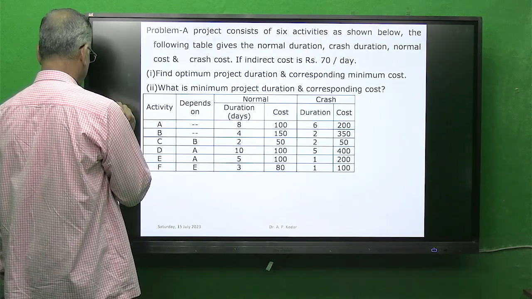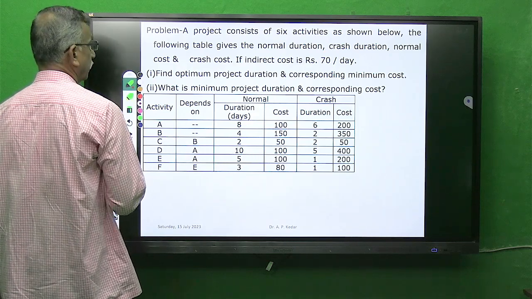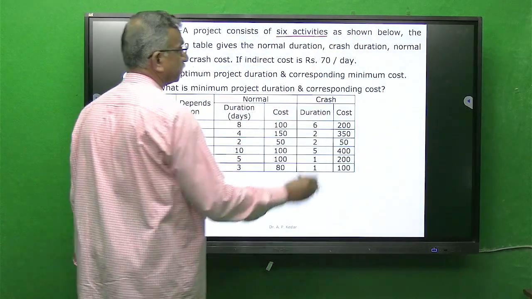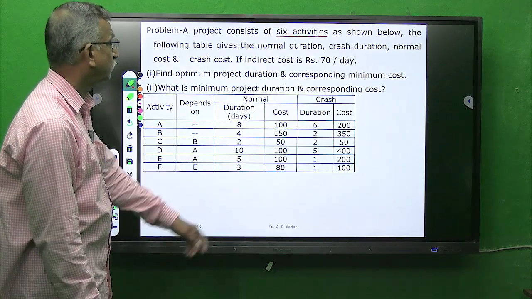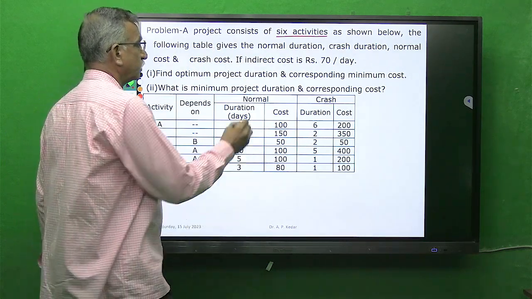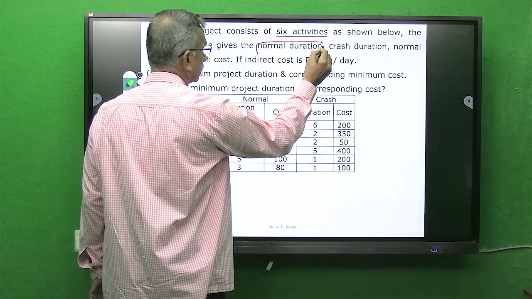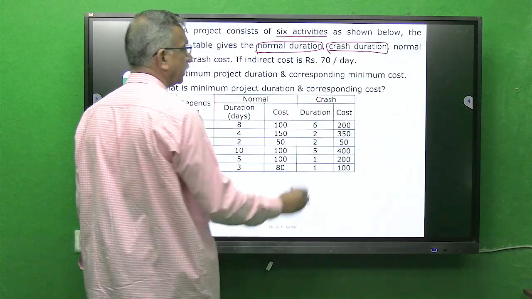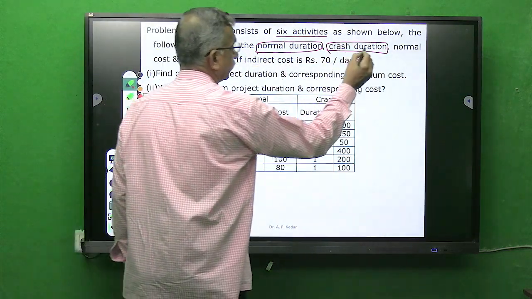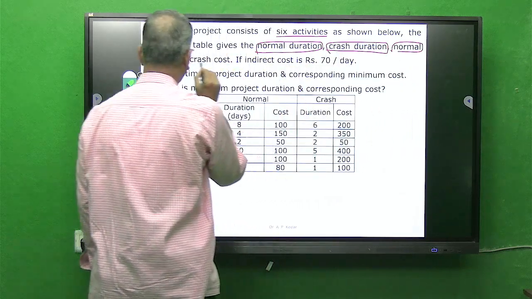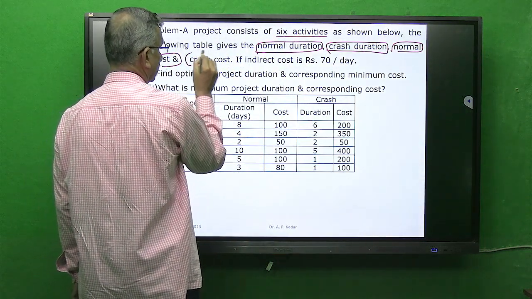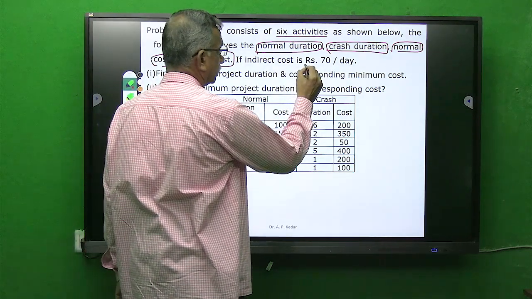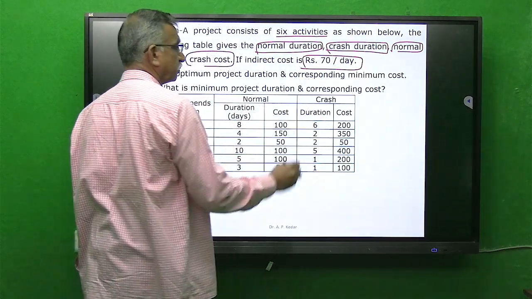A project consists of 6 activities as shown below. The following table gives normal duration, one data, crash duration, other data, and normal cost and crash cost, and the indirect cost is 70 rupees per day.